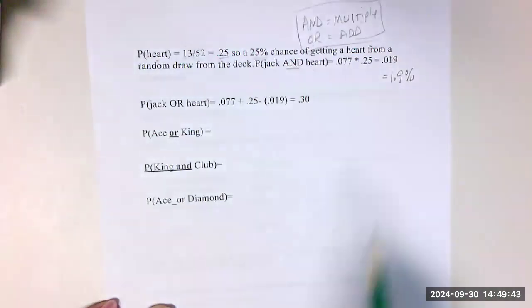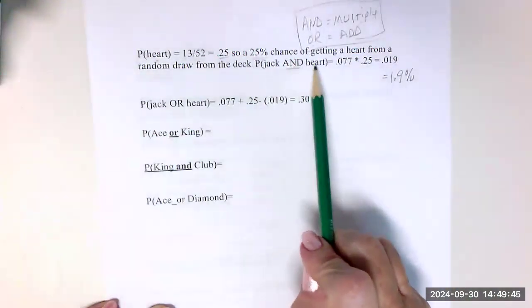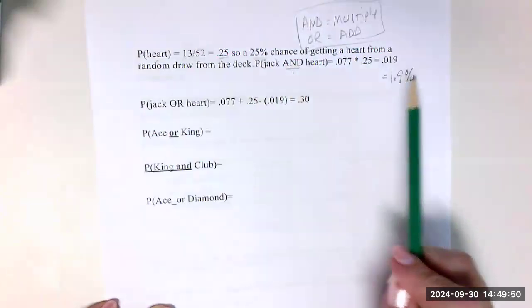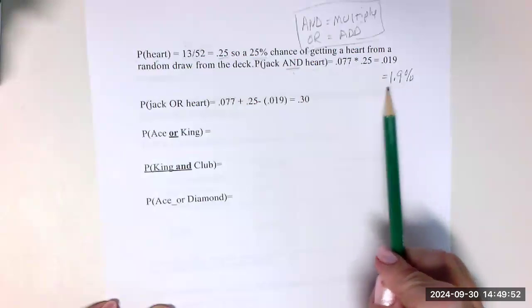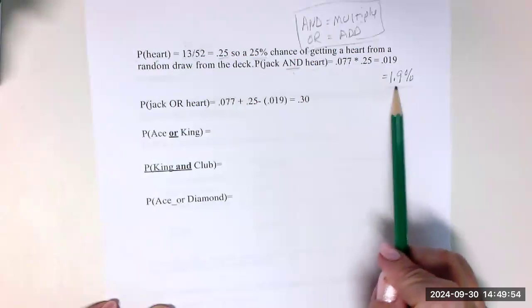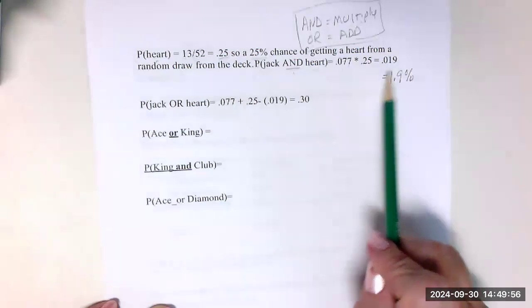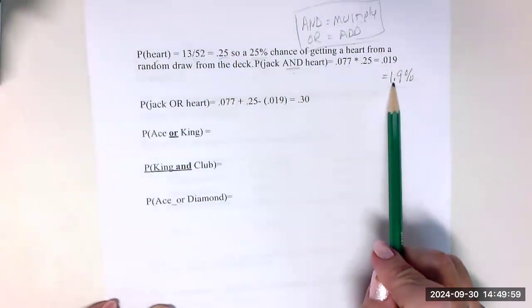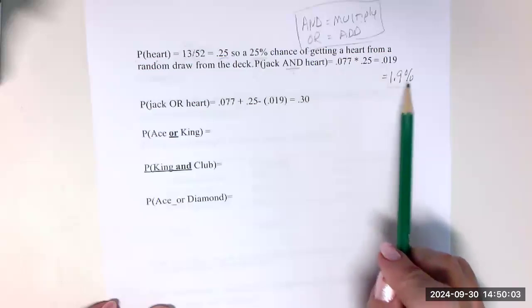Our likelihood of drawing the jack of hearts out of a deck of cards is a tiny bit less than 2%. And it makes sense. There's 52 chances to get the jack of hearts, and almost 2% of the time that is the card you'll get.